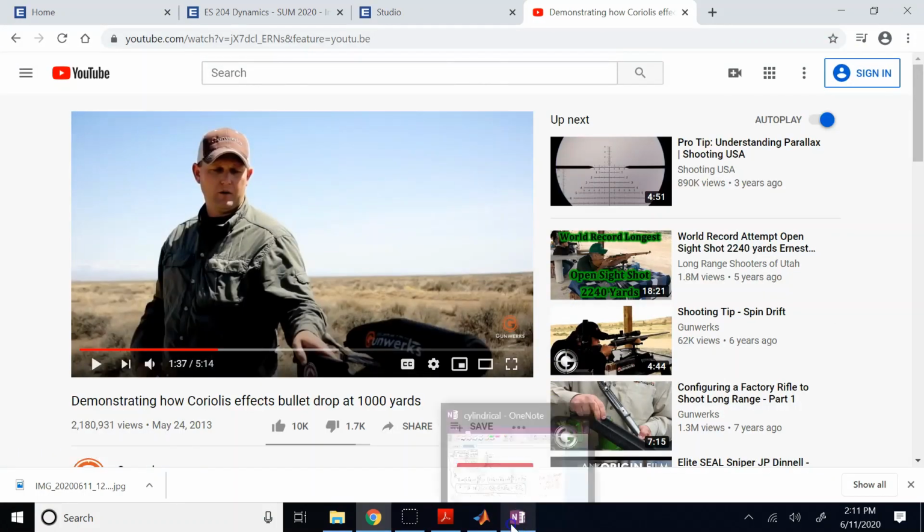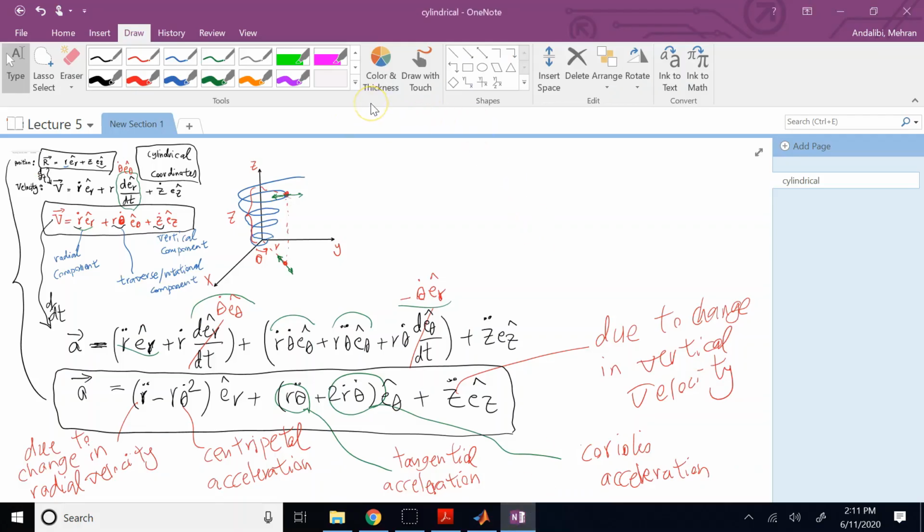Actually, we'll see later in one of our future chapters, when we write all of these terms in a vector format instead of scalars, the Coriolis term can also be written as 2 omega cross v.